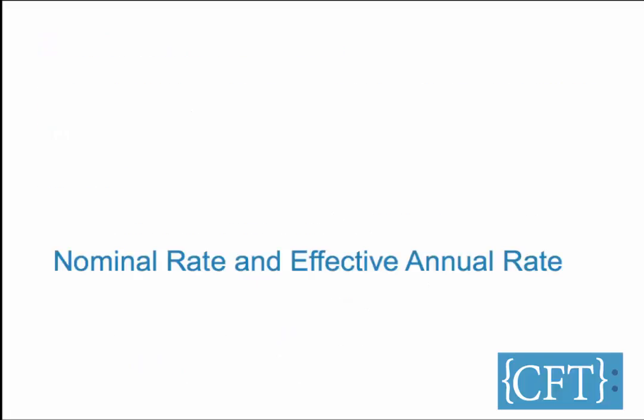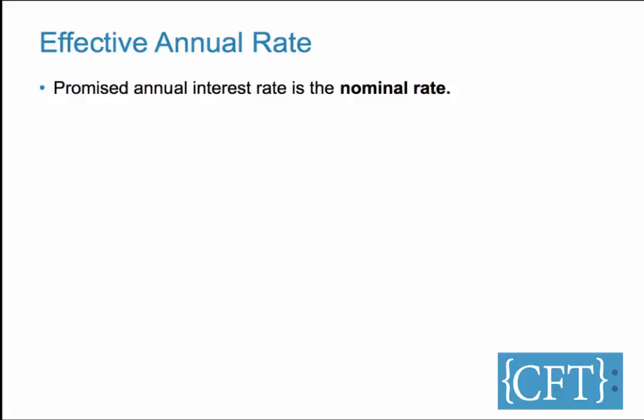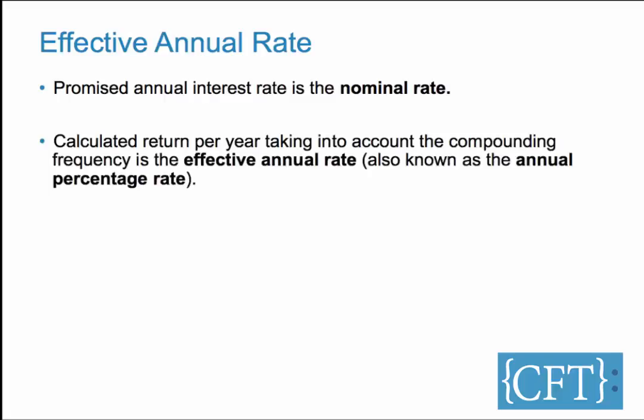Sometimes we want to know the effective annual rate that corresponds to a given nominal interest rate, taking into account the number of periods over which we compound each year. We call the promised annual interest rate the nominal rate, and we call the effective annual rate the return per year taking into account the compounding frequency. The effective annual rate is sometimes known as the annual percentage rate.